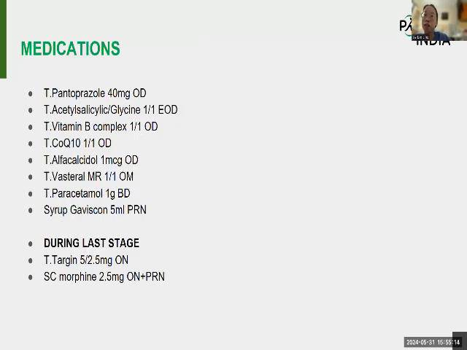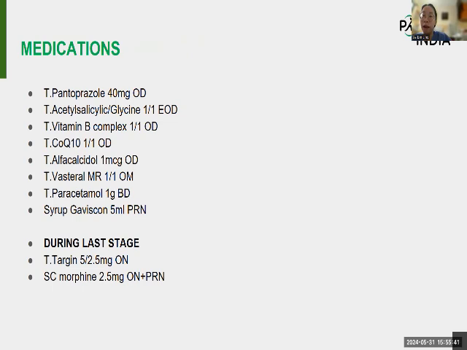The patient is on lots of medication. The first one is pantoprazole 40 mg daily, aspirin every alternate day, vitamin B complex 1 daily, CoQ10, a supplement, 1 daily, and alfacalcidol 1 mcg daily.